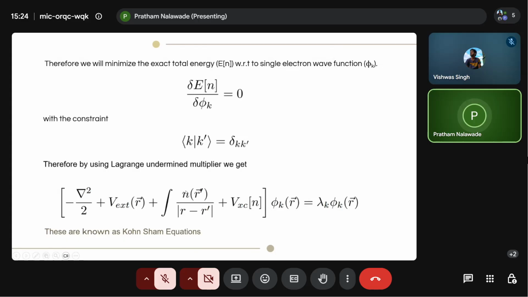The second term, the third term, and the fourth term are essentially what my V effective is, also known as the Kohn-Sham potential. You can clearly see this is again a single particle equation. We know how to solve this. So after doing this series of approximations, does this work? It works. It works really well.